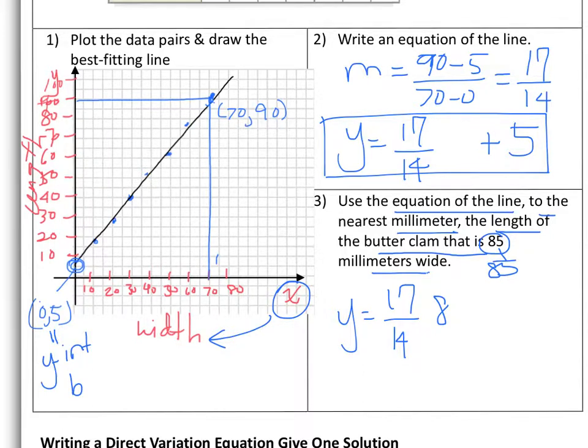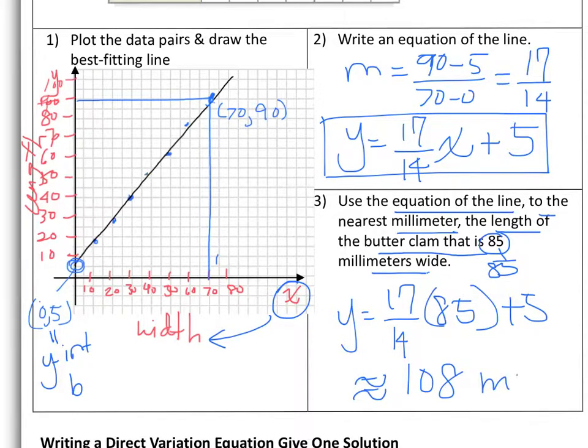This should be x. Okay. So I sub in 85 for x, times 17 over 14, plus 5. And then I should get approximately 108 millimeters. Let's round to the nearest whole number.